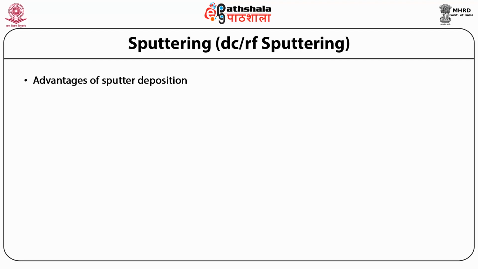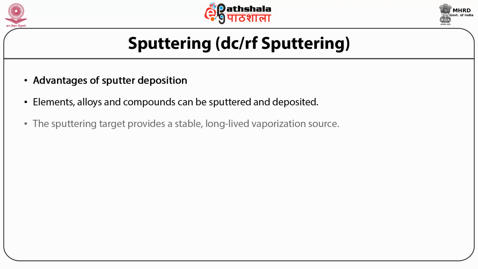Advantages of sputter deposition. Number 1, elements, alloys, and compounds can be sputtered and deposited. Secondly, the sputtering target provides a stable, long-lived vaporization source.